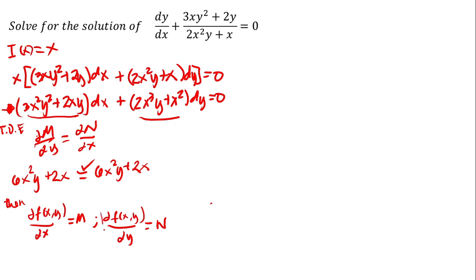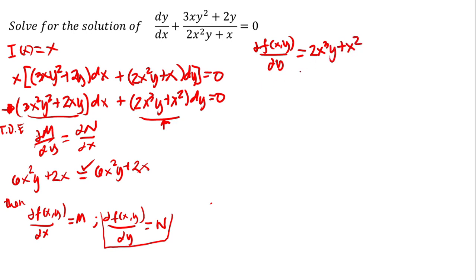We are going to start with this assumption. So the partial derivative of f(x,y) with respect to y equals n, which is this one. From our new differential equation, we have 2x cubed y plus x squared.